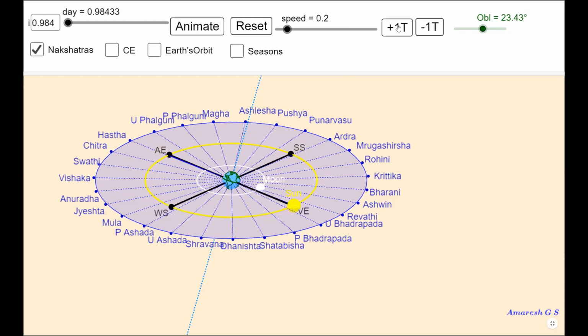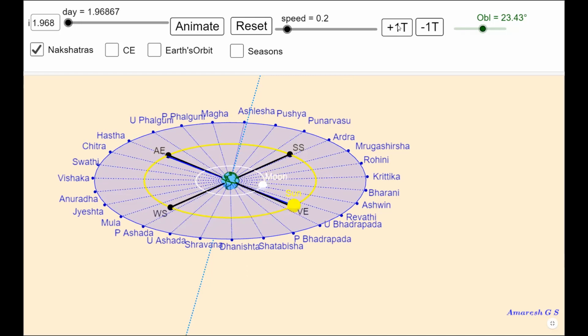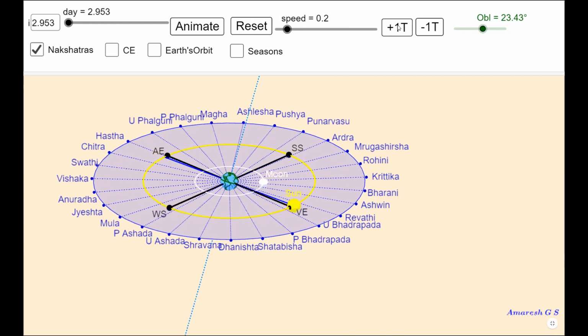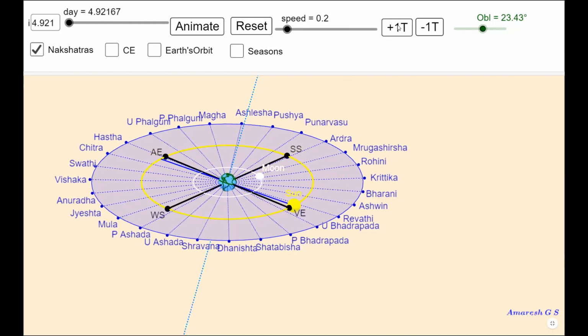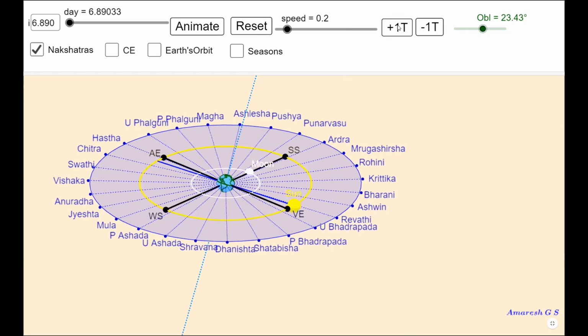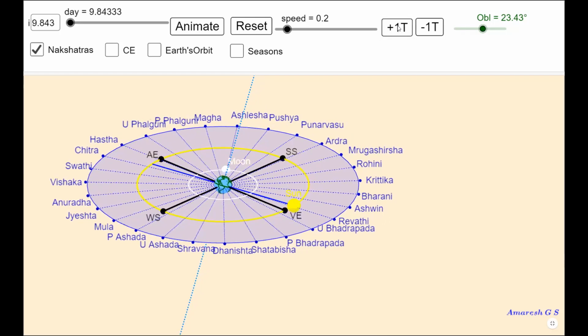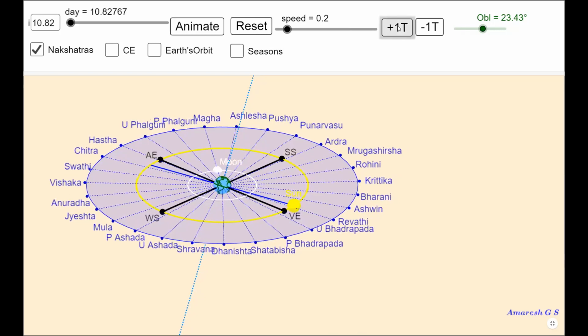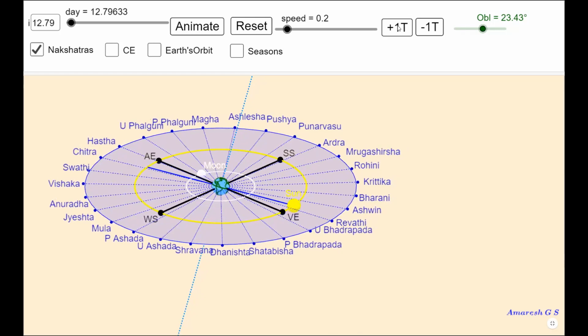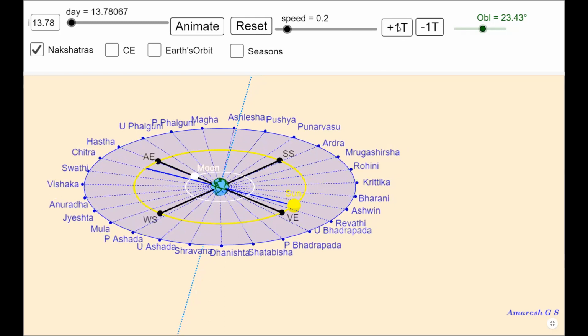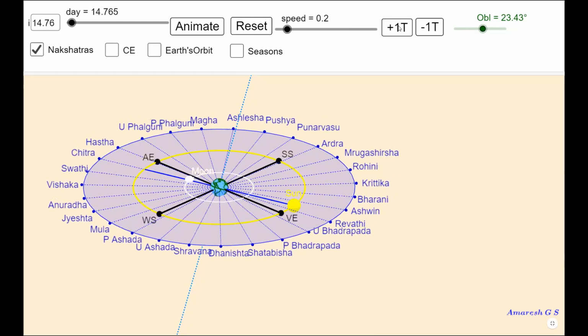So we go one day, the moon has moved from its Amavasya position, that's Pratipada. Dvitiya, Tritiya, Chaturthi, Panchami, Shashti, Saptami, Ashtami, Navami, Dashmi, Ekadashi, Dwadashi, Trayodashi, Chaturdashi, Purnima, full moon day.